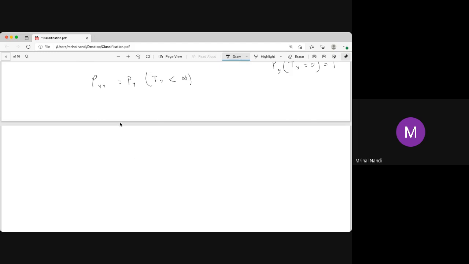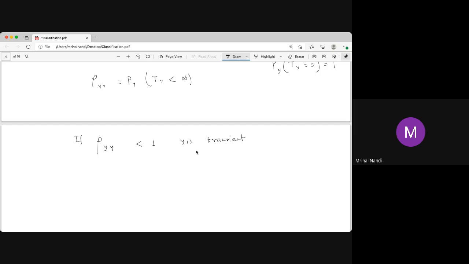Now if this rho yy is less than 1, then we call y transient. If it is not recurring, then it is transient. That means you can't be sure that it will reach y again. Its probability is positive, maybe 0. If it is 0, then it is clear.